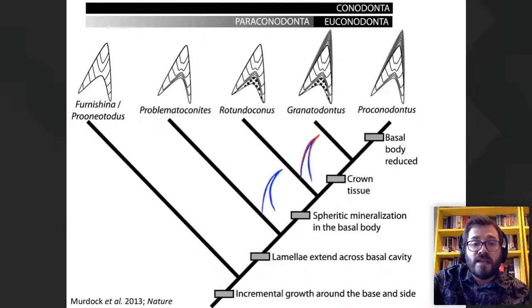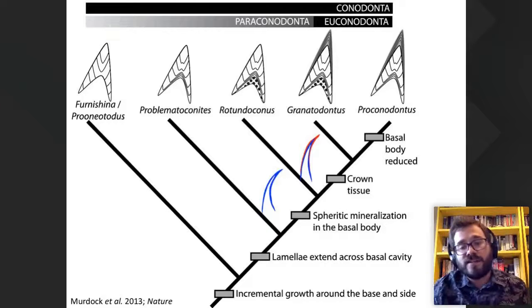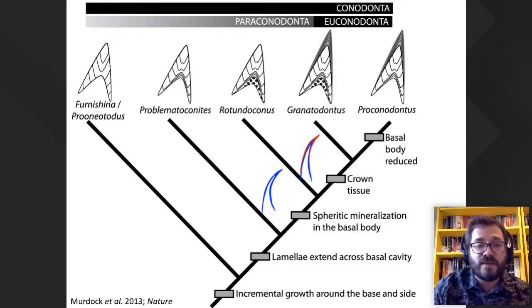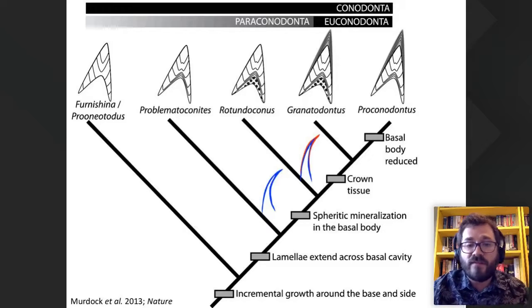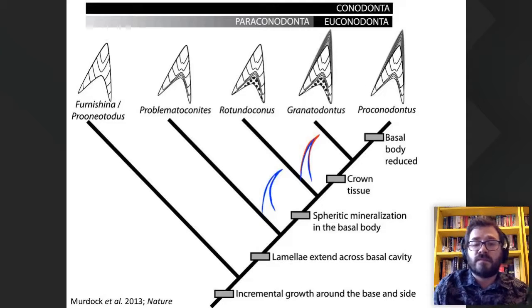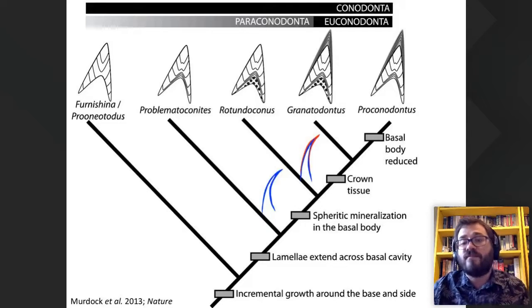So within this lineage of the earliest conodonts, we see a progressive building up of more and more complexity. From the earliest examples with just very simple layers growing around the base, then we get more complex examples on the base and the sides, then we get spheritic mineralization, and ultimately the building of the euconodont crown itself. And this is entirely independent from the rest of the vertebrate skeleton, so things like teeth and bones of more familiar vertebrates.